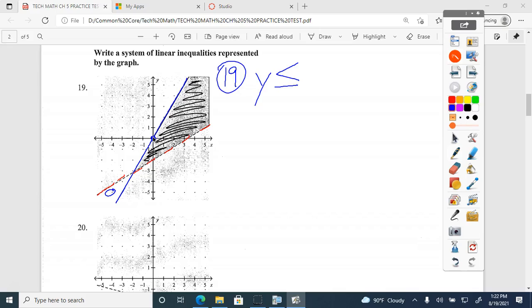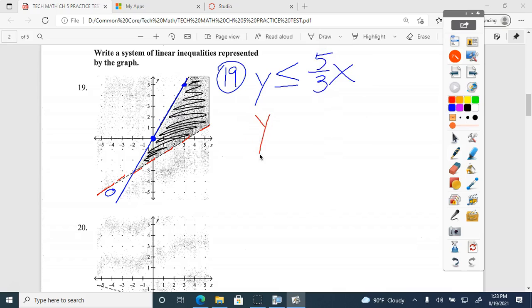What is my slope? It's going right through that point. So up 1, 2, 3, 4, 5 over 1, 2, 3. So that's positive 5 over 3x, and that's it.